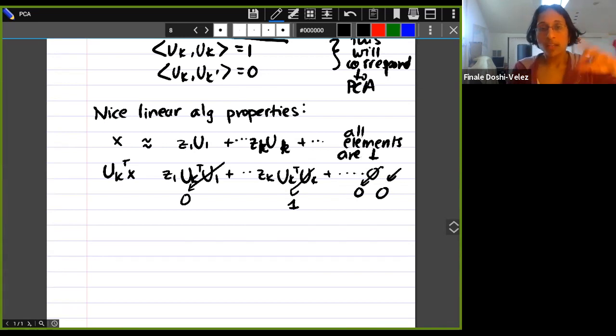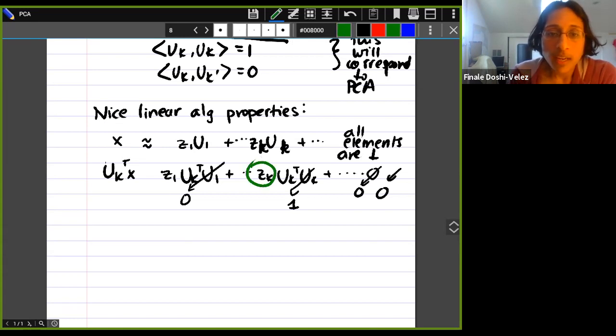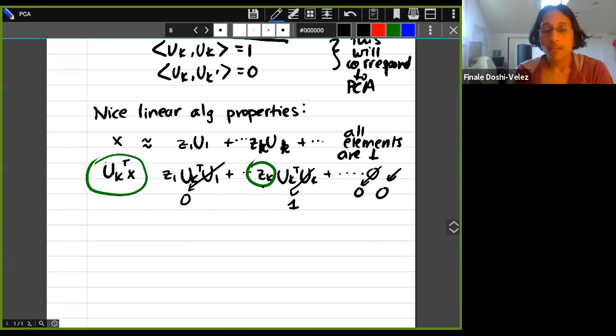Because if I only have 2 dimensions and I have 3 dimensions of data, then that third dimension is necessarily orthogonal to the rest of the stuff that is being represented, even though it's not in the basis. So the implication of this is that we have solved for Zk, right? Given U, I can find these coordinates Zk.